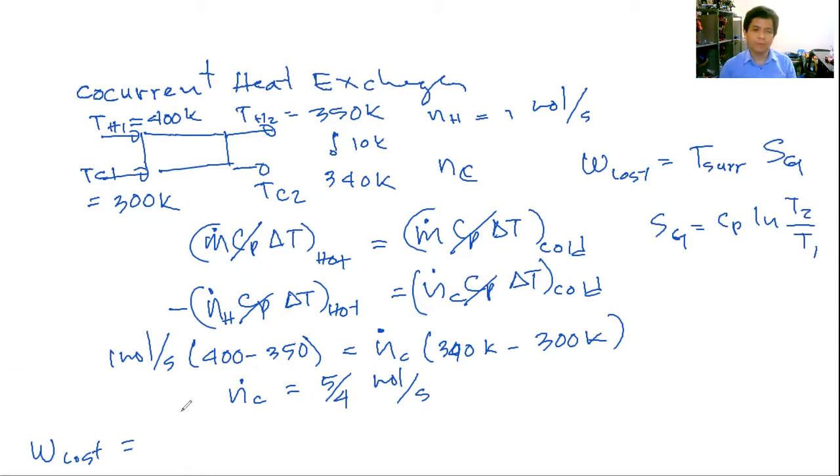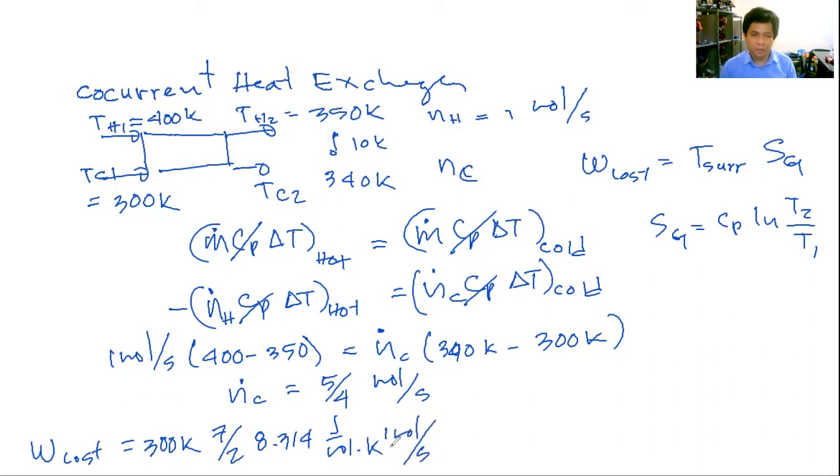So halimbawa, sa hot muna. Sa hot, ang surrounding temperature niya ay 300 Kelvin din. Okay? Tapos ang Cp natin ay 7.5 R. R is 8.314, diba, joules per mole per Kelvin. Tapos times 1 mole per second.